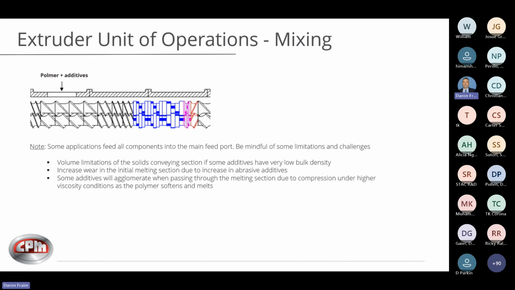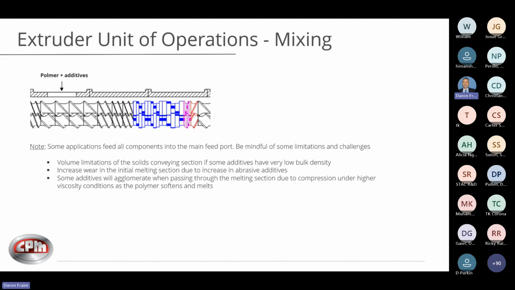This is pretty common. The only thing is you volume limit the machine when you stuff everything in the feed port. You will see increased wear in that initial melting, because remember, at the very first element, when you begin to soften and fuse that polymer, that's when it's at its highest stress, highest viscosity.